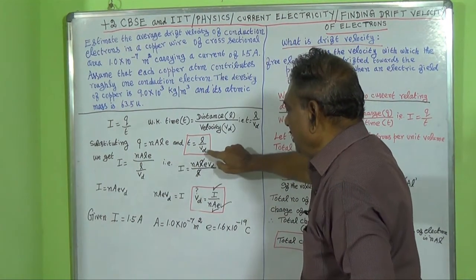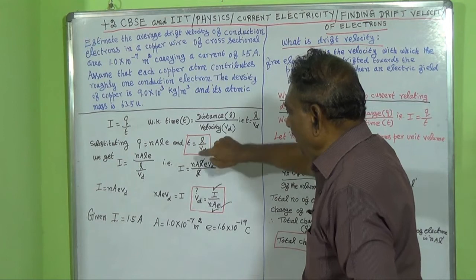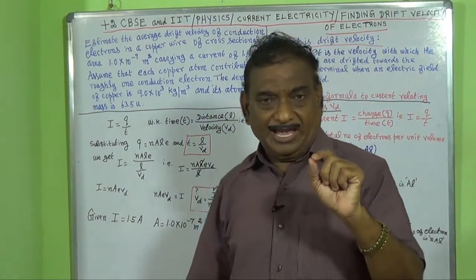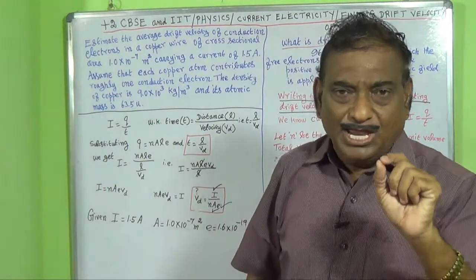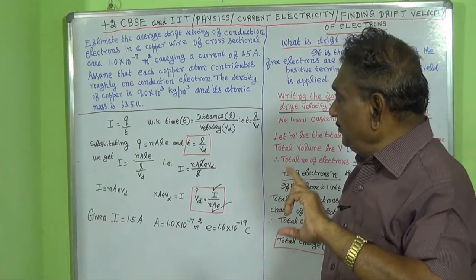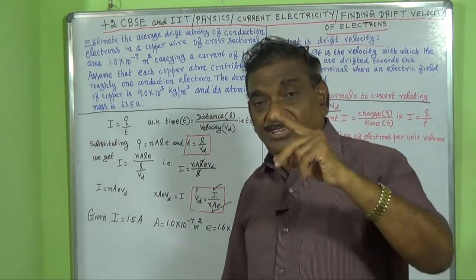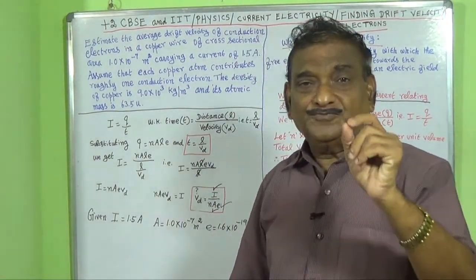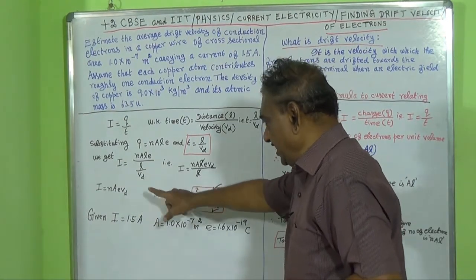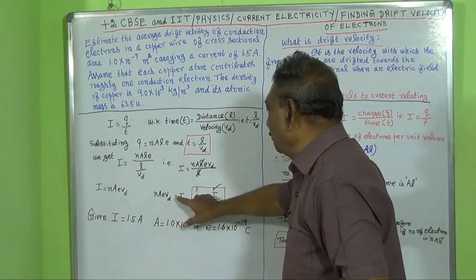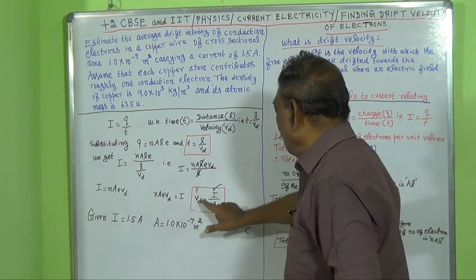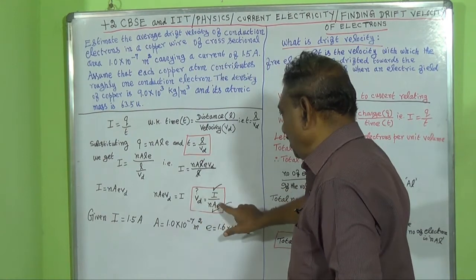If we cancel the l in the numerator and the denominator, we get I equals nAe vd. From this formula, we can get the drift velocity vd. If we interchange the sides, nAe vd equals I. Therefore, vd equals I by nAe.